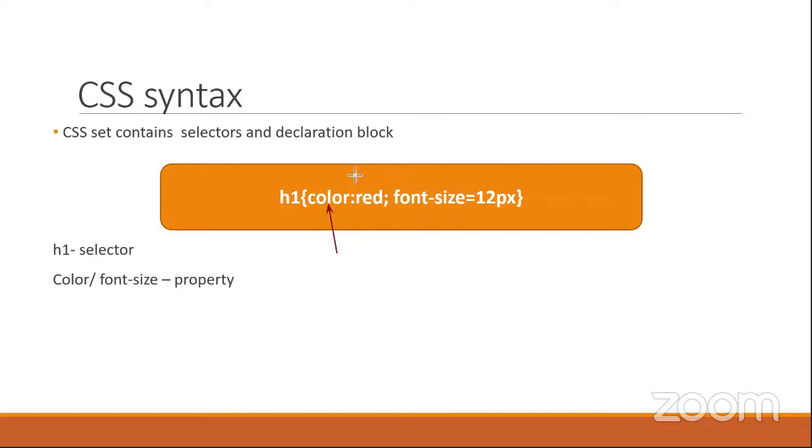This color is actually a property, and for this property I'm assigning a value. What value is that? Red. Or here we can see font-size with a value of 12 pixels. So always we follow this syntax: any tag followed by open and closed curly braces with its property along with a value.